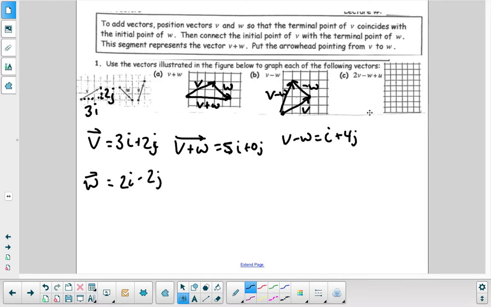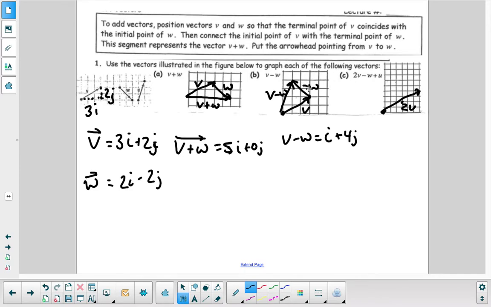2v minus w plus u. Same idea, you just have to follow along. 2v could be v plus v. So I'm going to start in this corner to get there. That would be 1v and 2v.